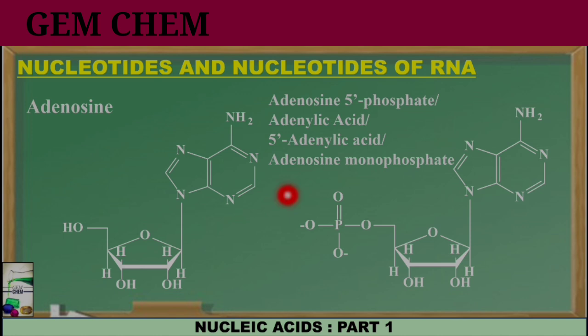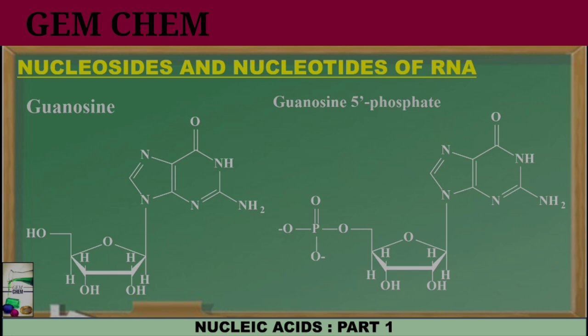Now we are going to construct the nucleotides and nucleosides for RNA. So when we talk about the adenine base with the carbon ring, that is the sugar ring, along with OH, this is your adenosine. Once you add the phosphate group here, it becomes adenosine 5-phosphate, or known as 5-adenylic acid, or adenosine monophosphate. Now next one, the nucleoside for guanine is guanosine.